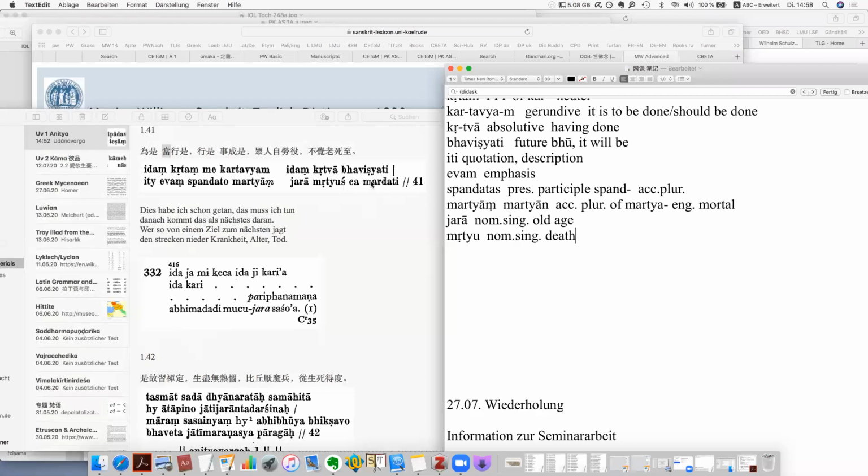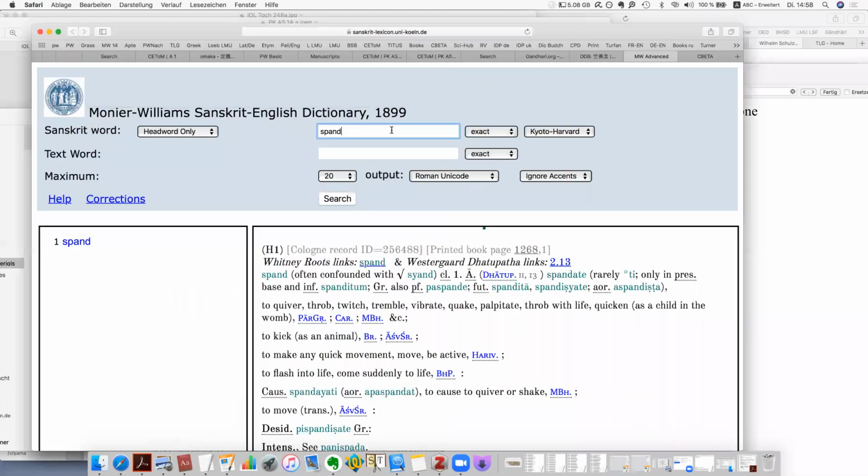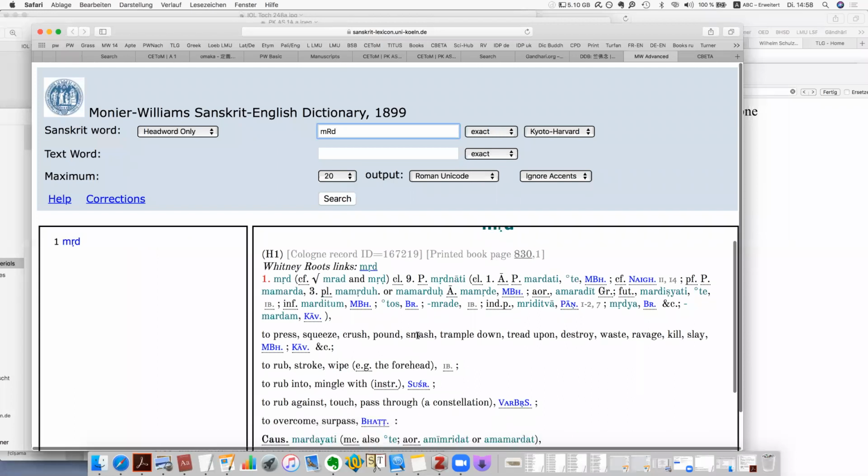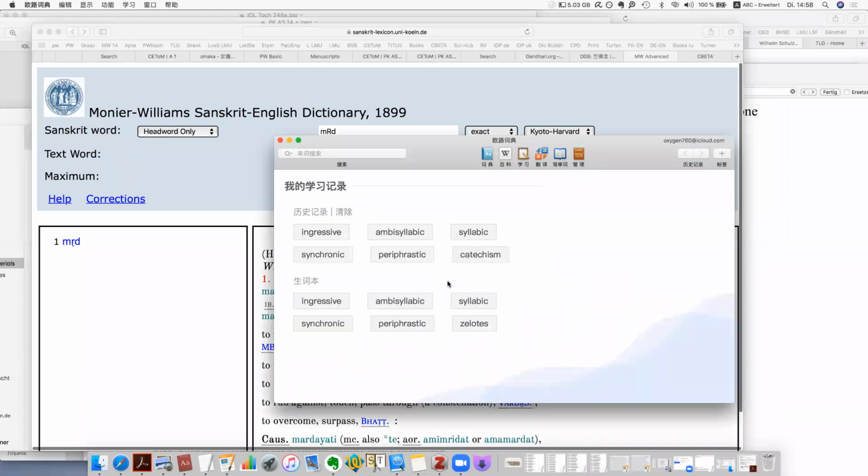And then probably we can check the Gāndhārī version. So Mart, if you are not sure, you can check it. So Marit, sorry. Marit actually means smash or squeeze, crash, something like this. And it is actually connected with a Latin word called model.